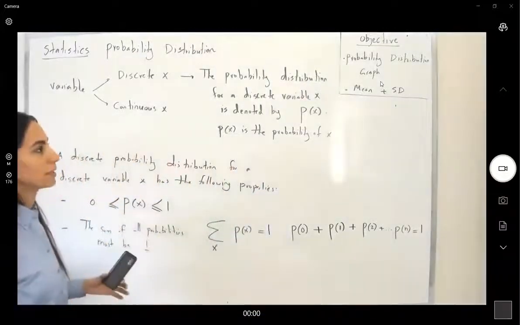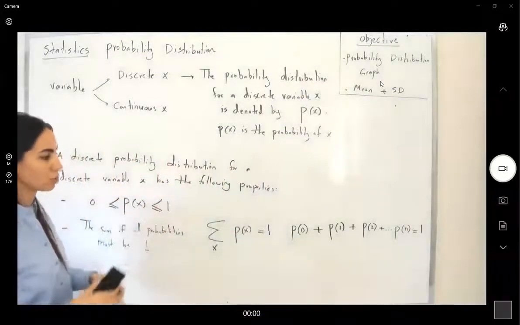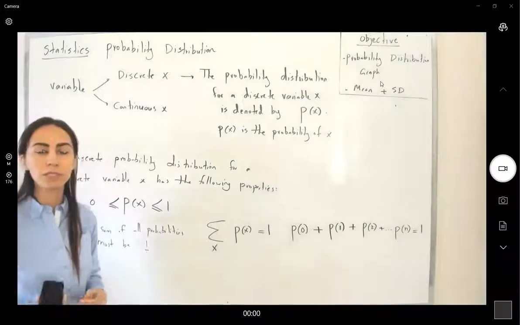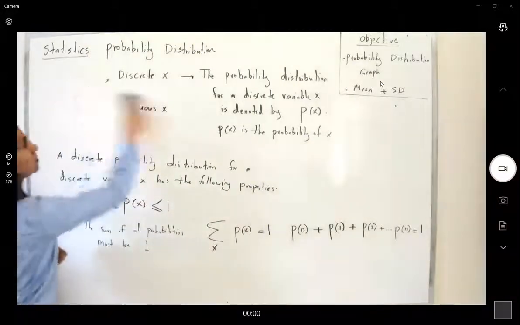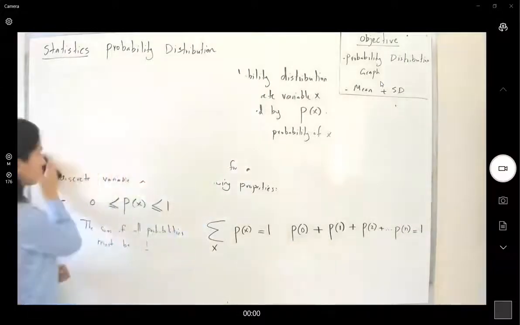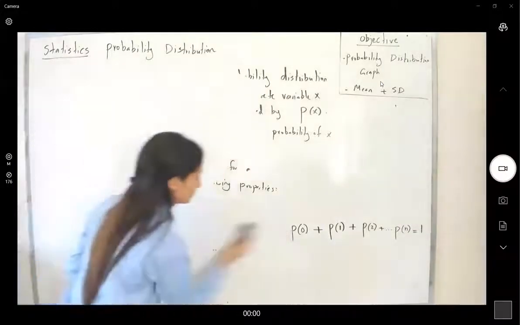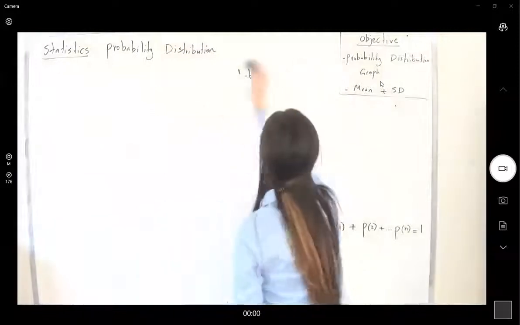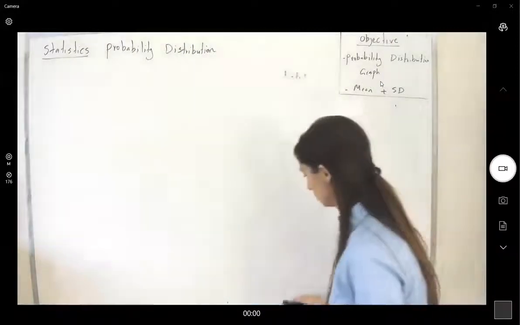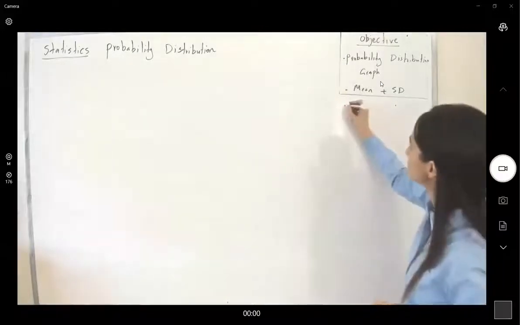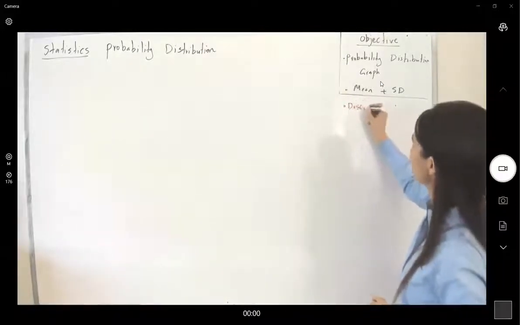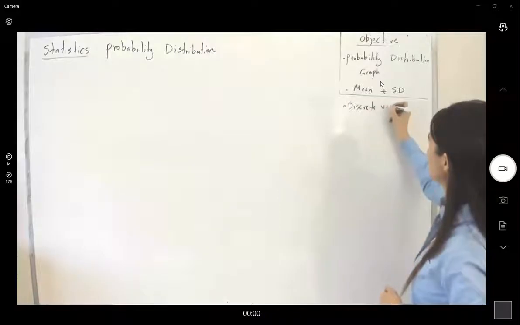So let's go over some examples. How do we actually calculate these probabilities and how can we visualize them? We introduce a discrete variable x.